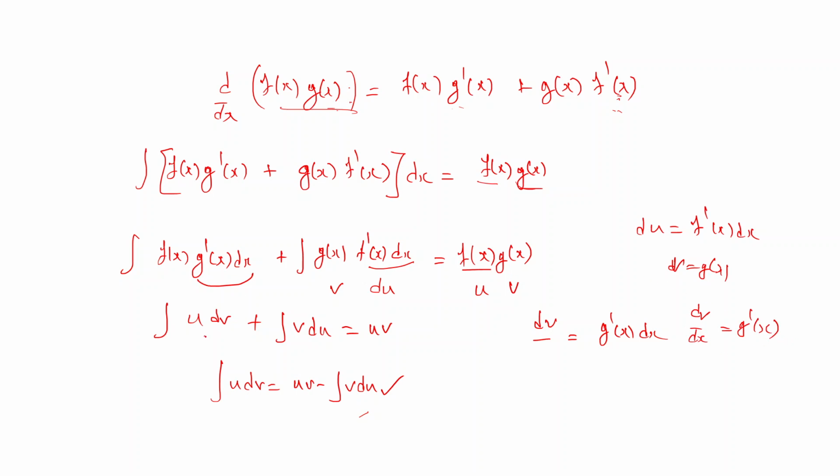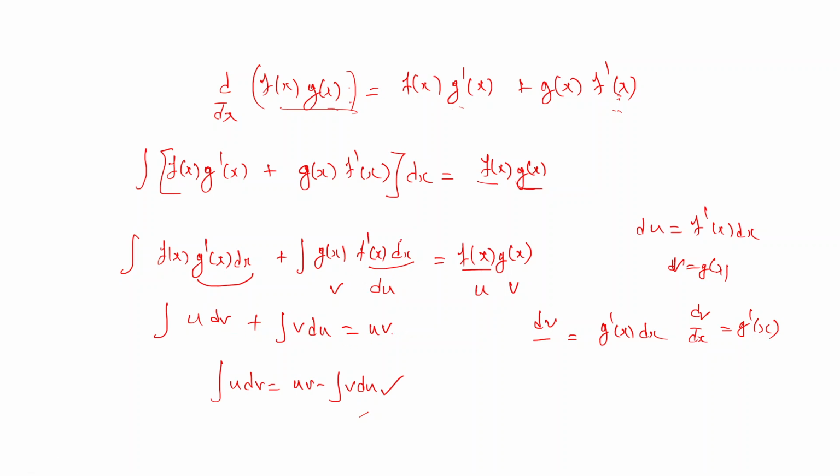So we express this as dv, and f of x is anyway u. And f dash x dx is obviously du. So integral of u dv plus integral of v du is uv. So obviously integral of u dv equals uv minus integral of v du.